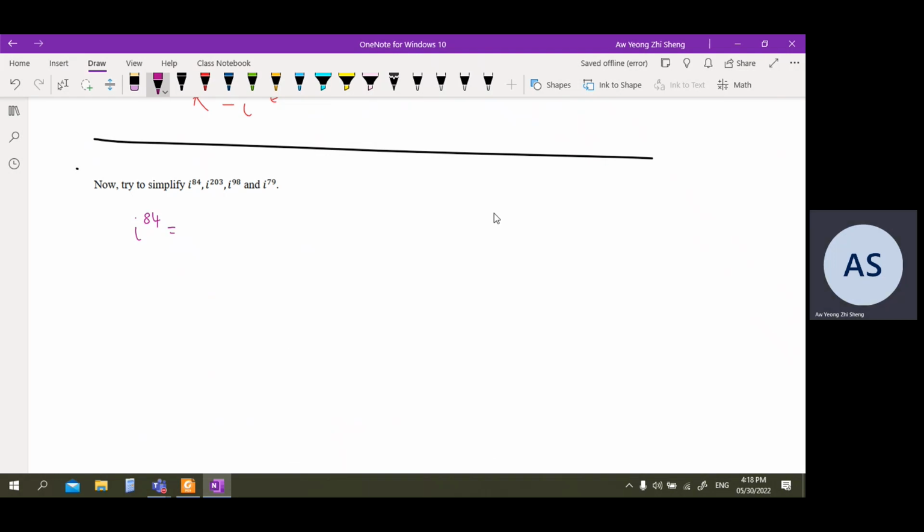From your calculator, you notice that 84 divided by 4 nicely gives you 21. So that means this can be written as i to the power of 4 multiplied by itself 21 times. So this is just 1 to the power of 21, and that gives 1. That's all.